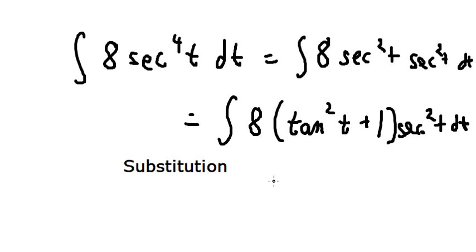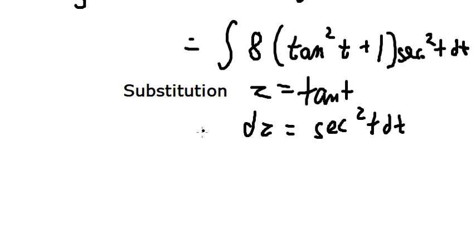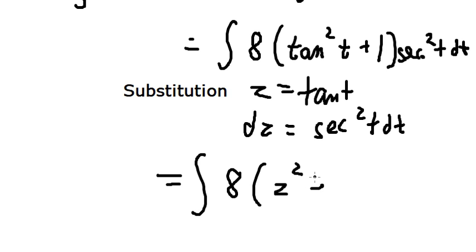We put z equals tan t, dz equals secant of t squared dt. So this means we got z squared plus 1 dz.